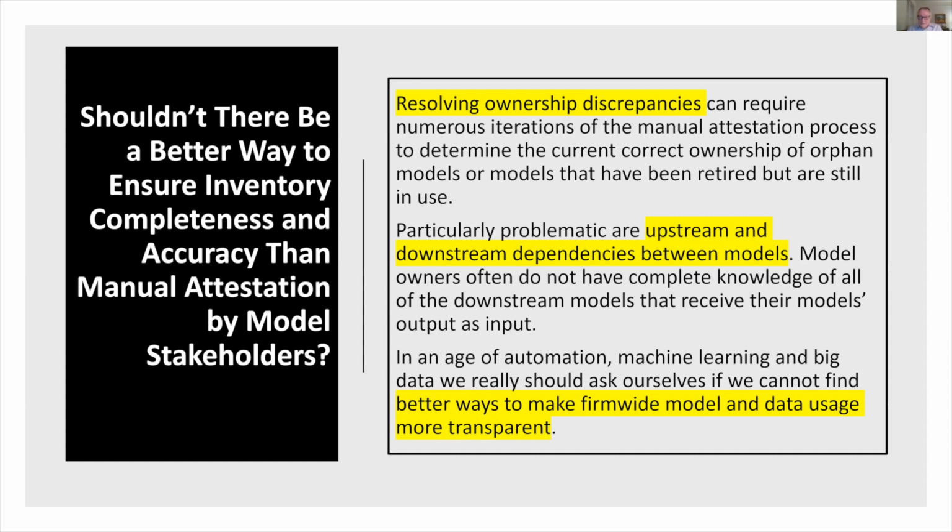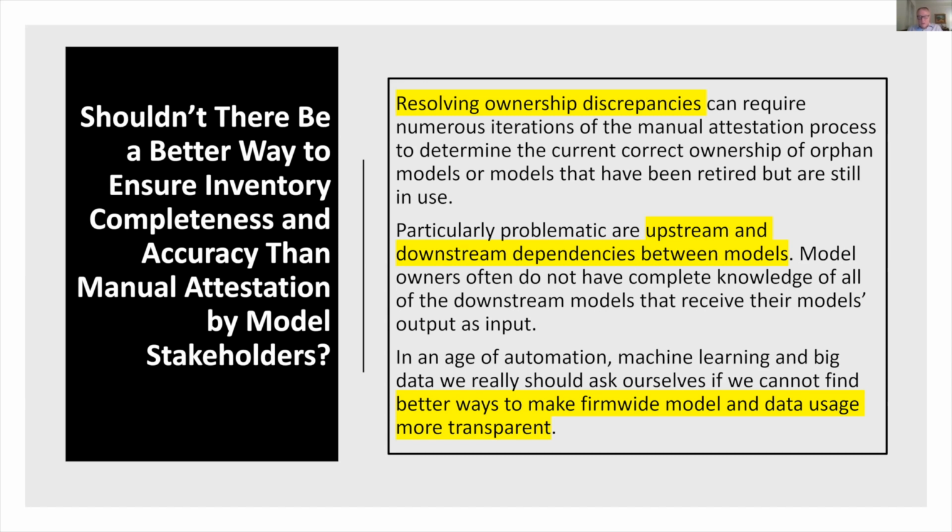And add to that problem are the upstream and downstream dependencies between models. Downstream dependencies, of course, are the models that use output from the model at issue, and the upstream ones are the models that provide input. Model owners often do not have complete knowledge of all of the downstream models that receive their model's output.